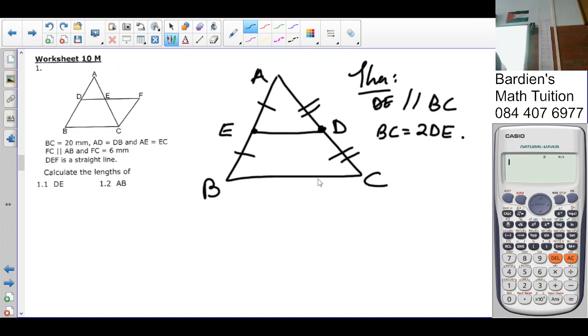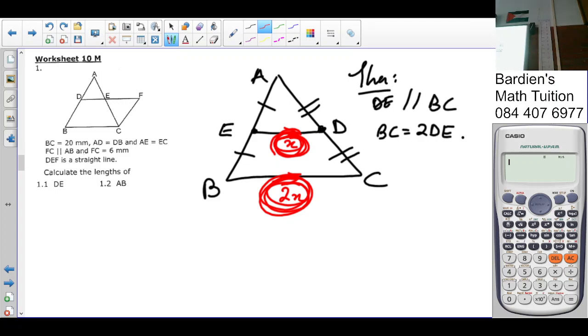So firstly that will be parallel, and if this line here is x, this will be 2x, double. So if that line was 50, then this is 100. If this was 80, then this is 160. If this is 50, then this is 25. If this is 80, that is 40.